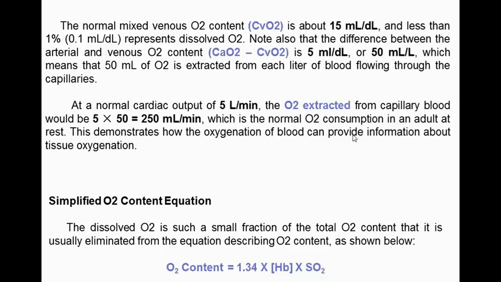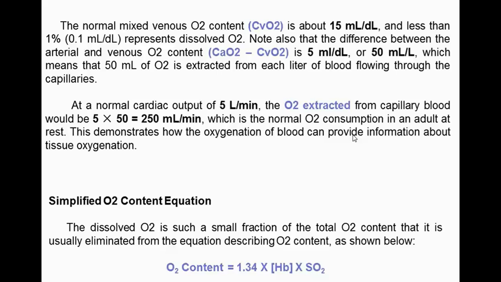The normal mixed venous oxygen. In practice, when we want to take a sample from the systemic veins, the oxygen saturation can be taken from one of two parts of the body: either from the right atrium or from the right ventricle.